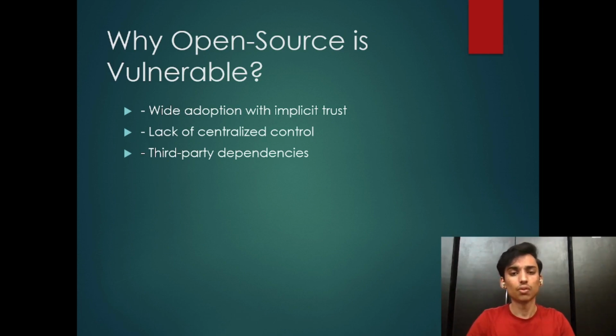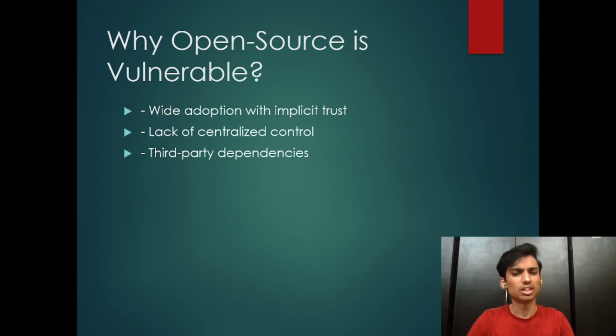Unlike proprietary software, there's no strict oversight of open source updates. Therefore, an attacker can easily inject their own malicious code in it. Thirdly, third-party dependencies. A single compromised package can impact thousands of applications. This makes open source ecosystems an attractive target for attackers.